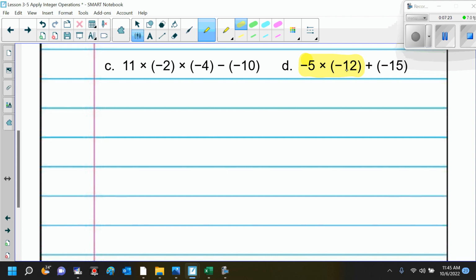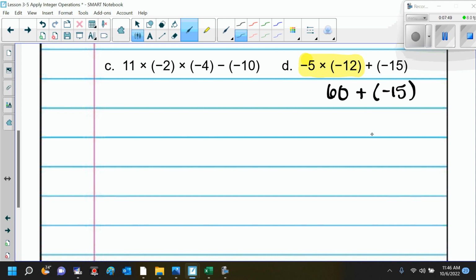So negative 5 times negative 12 is equal to? Positive. Very good. Because a negative times a negative is a positive. So that's going to be a positive 60 plus a negative 15. Now, again, what's the rule when we are adding integers with different signs?